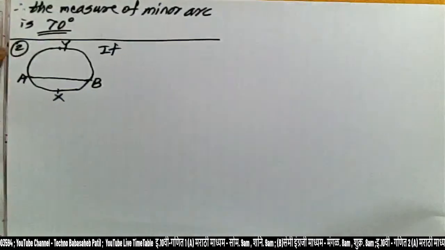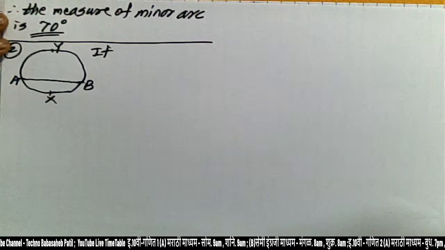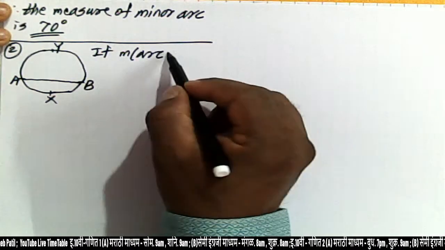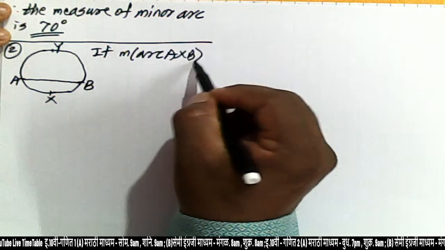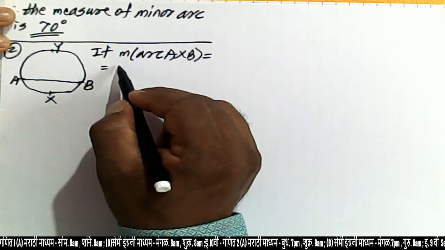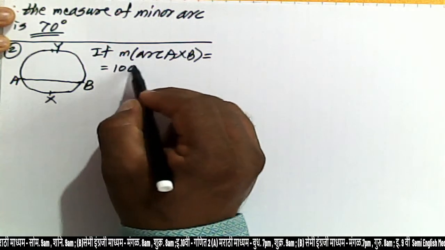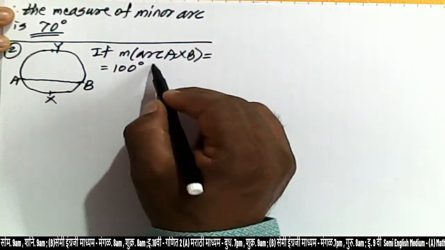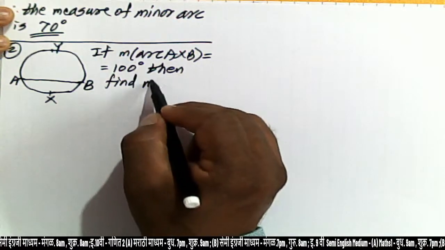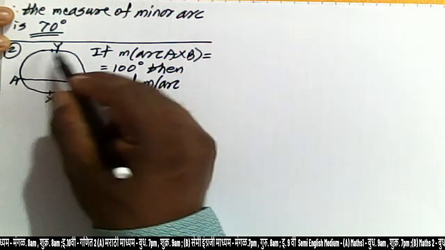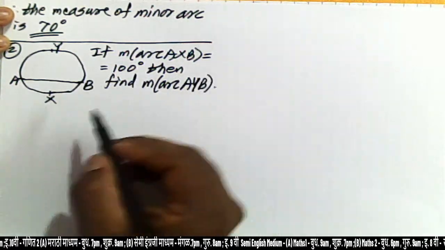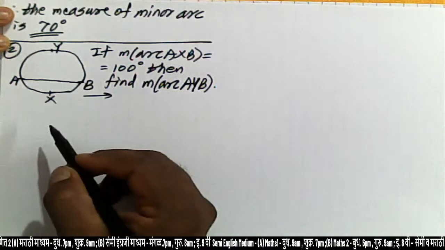If the measure of arc AXB is given as 100 degrees, then find the measure of arc AYB.